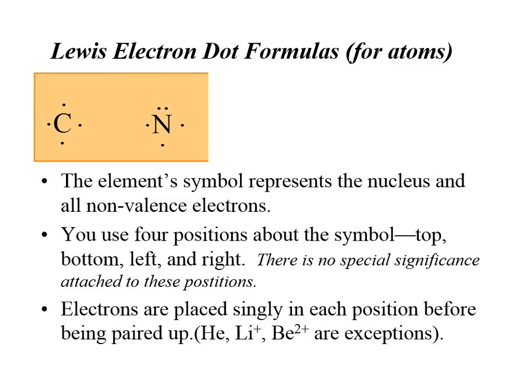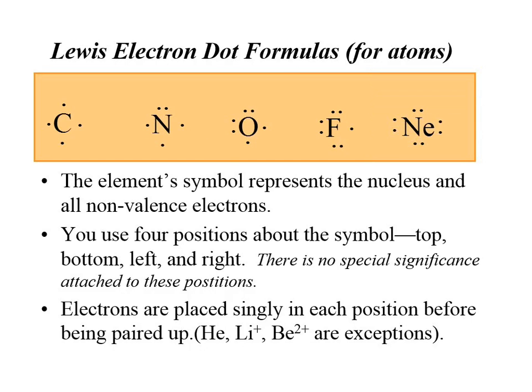Going across, nitrogen is 5A. That's why we would have 5 little dots there. Those are valence electrons. Of course, we end up that period with the rare gas, neon. Neon and its buddies, group 8A, have 8 valence electrons. They have that ns2np6 rare gas configuration.